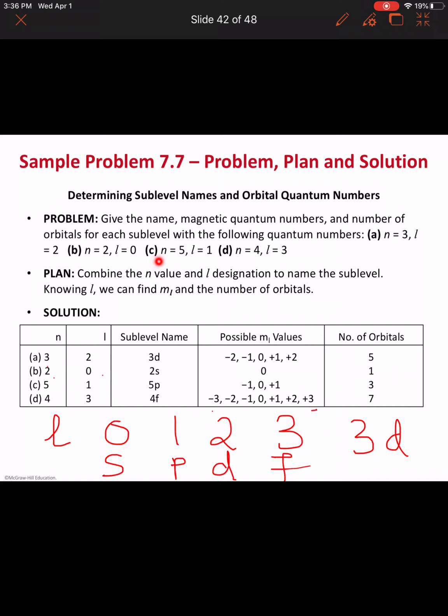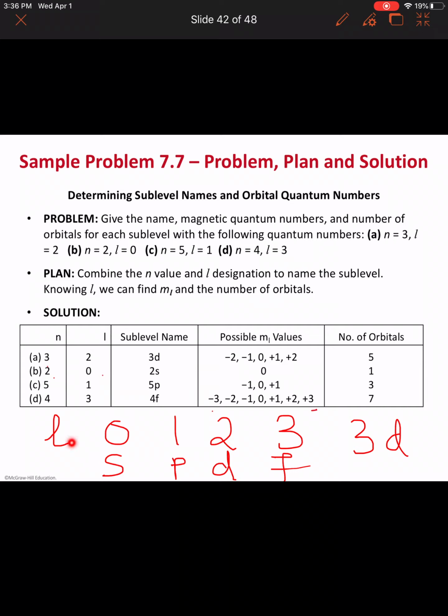And the third one, n equals 5, L equals 1. When L equals 1, that's the p orbital, and n equals 5, so that is a 5p orbital. The ML values come from the L value, minus L to plus L, so minus 1, 0, plus 1. So the number of orbitals possible is going to be 3: 1, 2, 3.